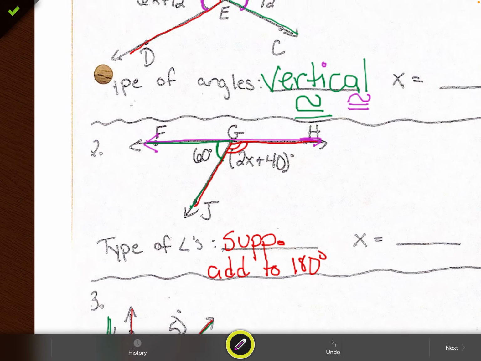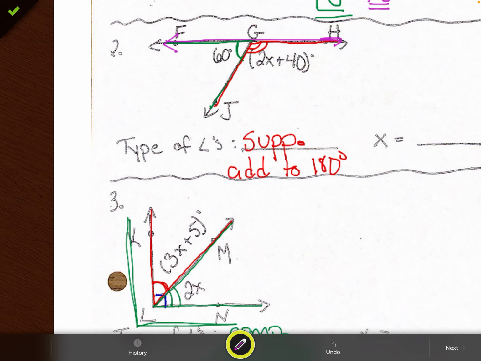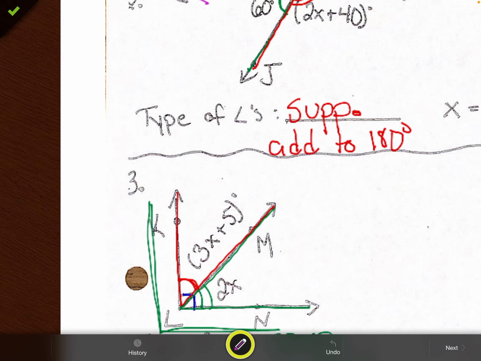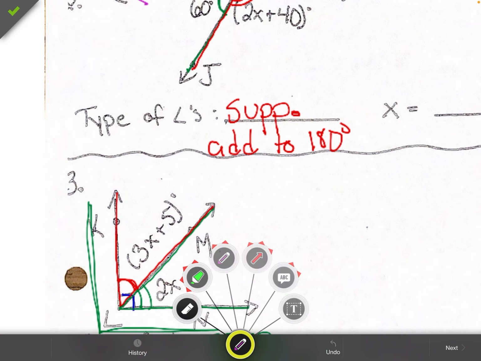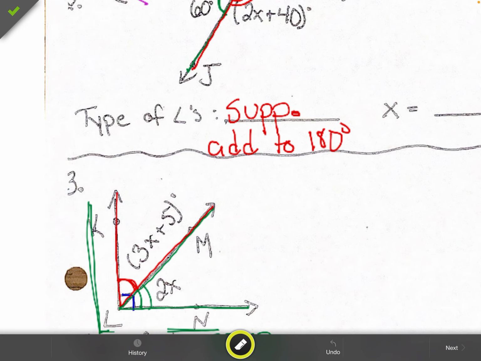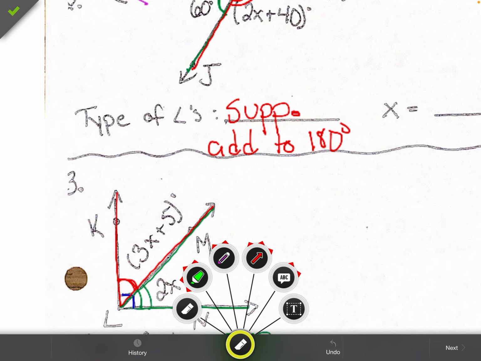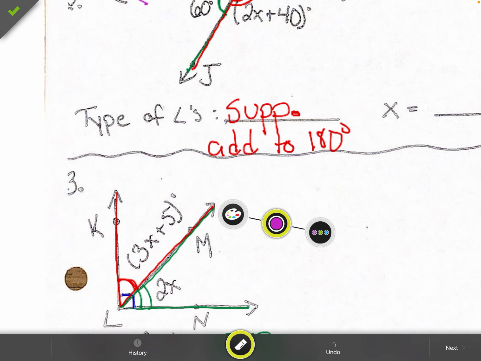All right, the last one I'm going to look at with you is these two right here. Again, look at the green, look at the red. Let me erase this so you're not confused. Clearly they're next to each other, so you know they're not vertical. Then you just ask yourself, together, do they make a straight line or do they make a corner?